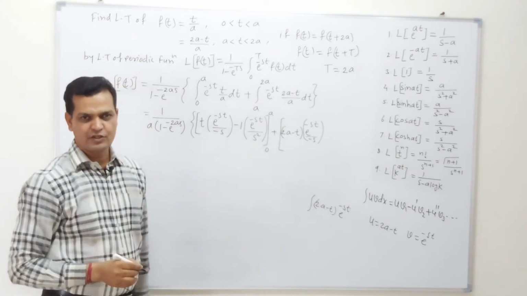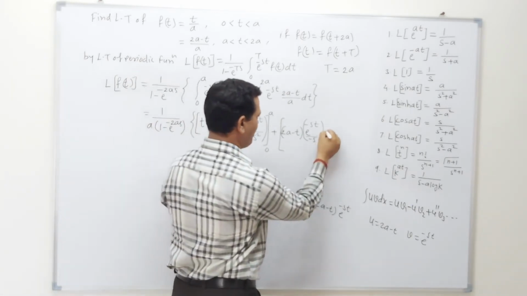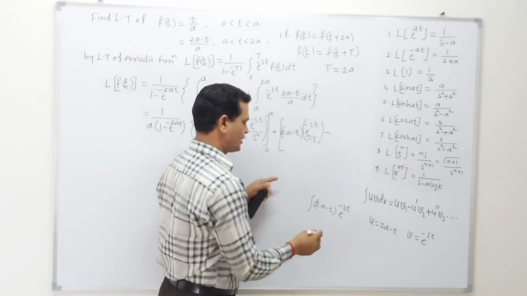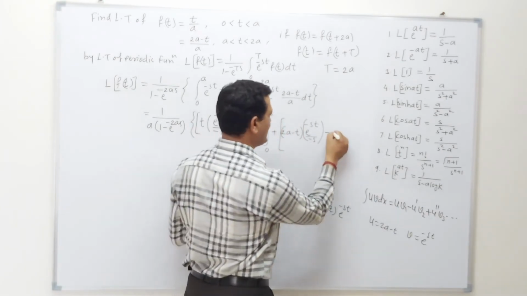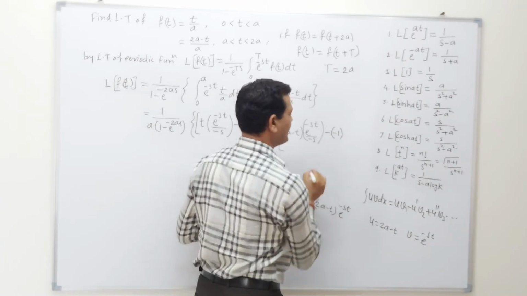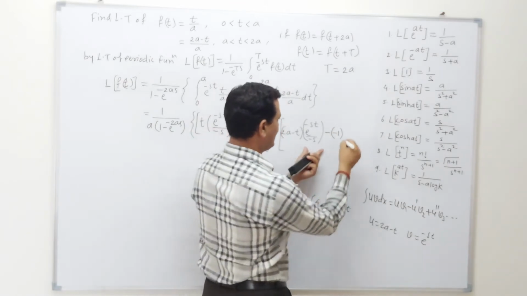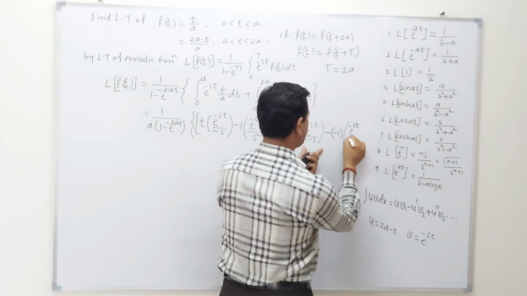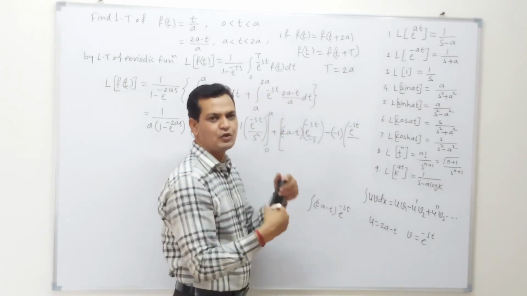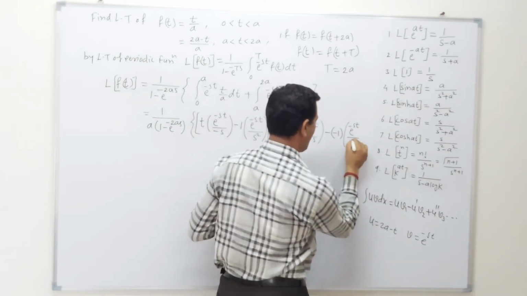First function times integration of second, minus derivative of first. The derivative of 2a minus t with respect to t is minus 1. Again, the integration of this term is e raised to minus st upon minus s into minus s, so this is s square.